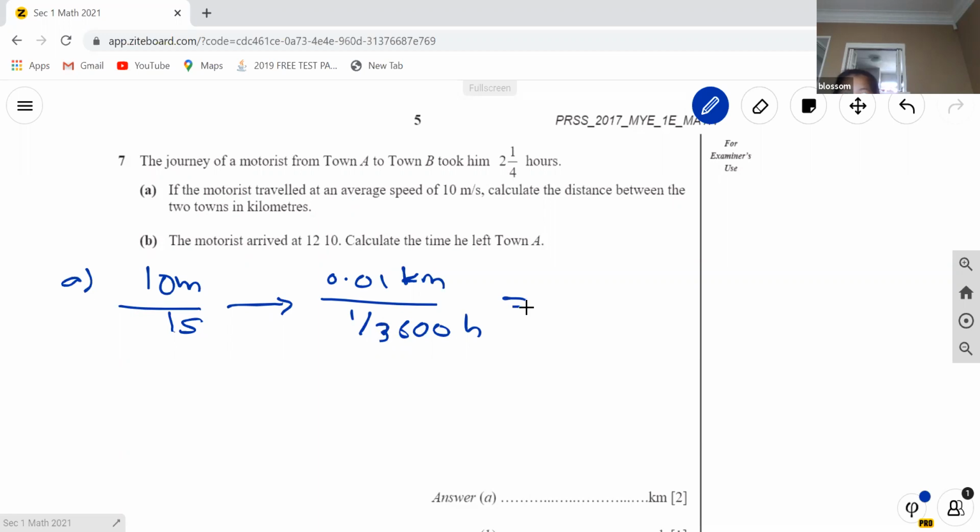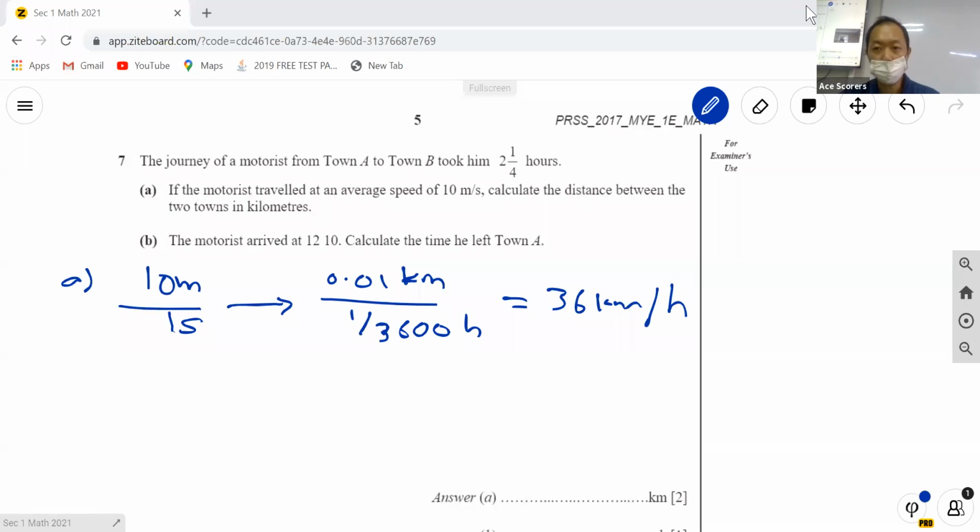Okay, and we're just going to use our calculator to do the calculation. So we get 36 kilometers per hour.